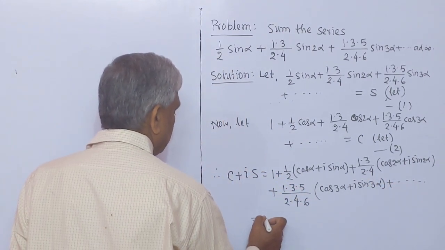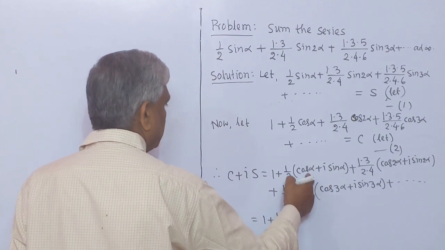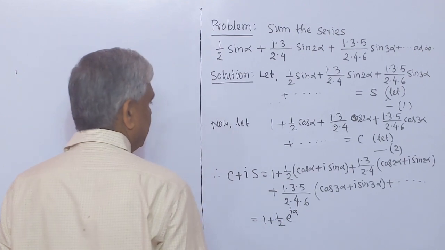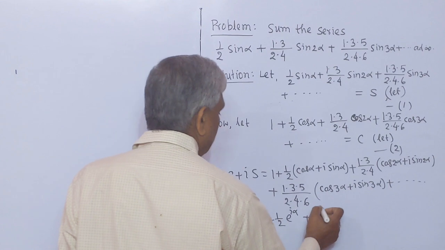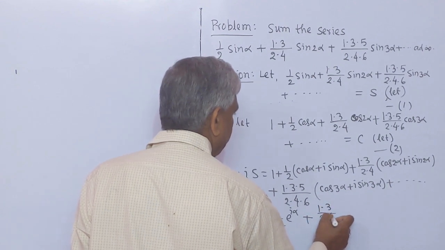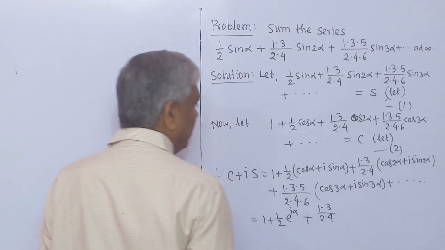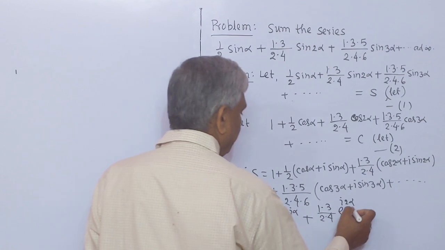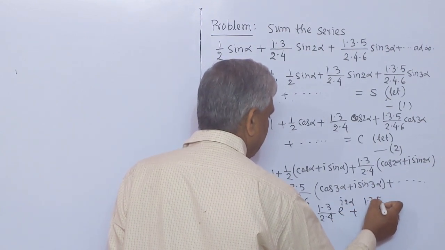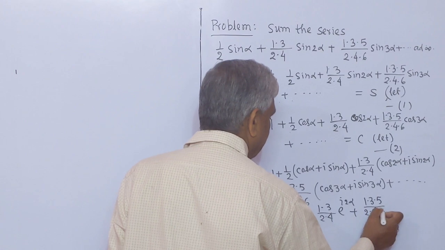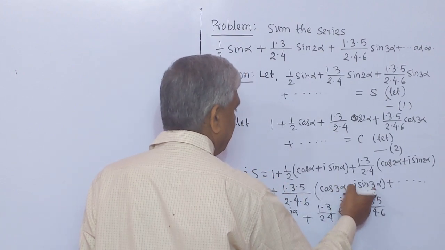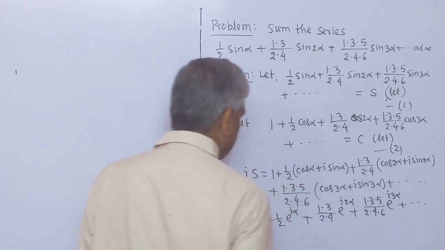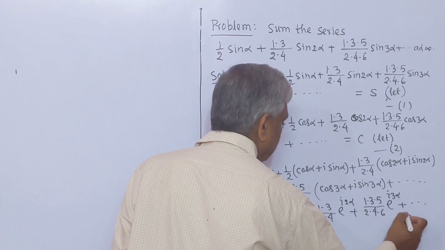This is equal to 1 plus half (cos alpha plus i sin alpha is e to the power i alpha) plus 1 multiply 3 by 2 multiply 4 (cos 2 alpha plus i sin 2 alpha is e to the power i 2 alpha) plus 1 multiply 3 multiply 5 by 2 multiply 4 multiply 6 (cos 3 alpha plus i sin 3 alpha is e to the power i 3 alpha) plus dot dot dot. This is number 3.